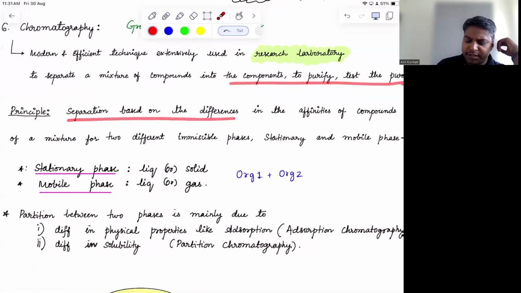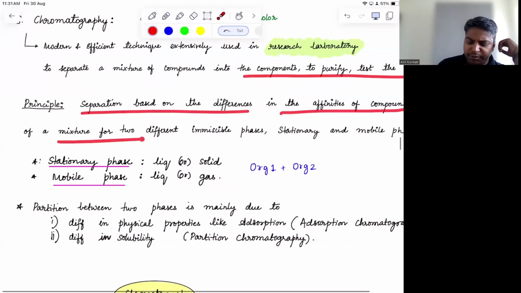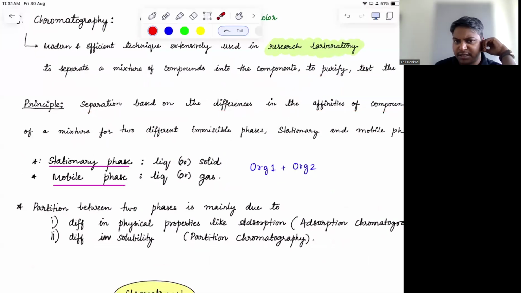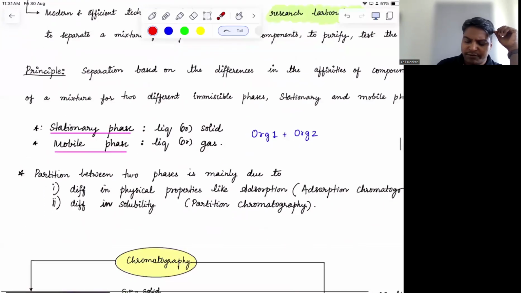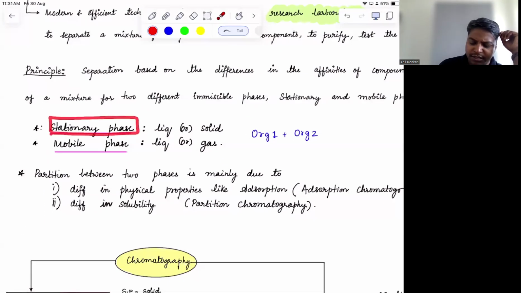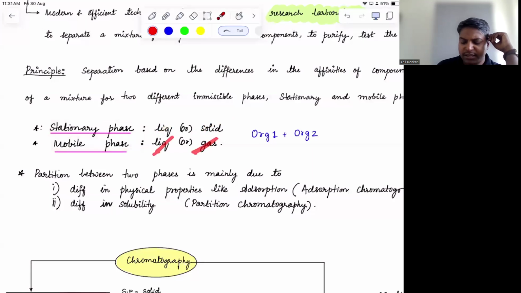Separation based on the differences in the affinity of the compounds of mixture to two different immiscible phases. So we divide here in terms of phases. One phase is called stationary phase, the other one is called mobile phase. In stationary phase, you will see only liquids and solids. In mobile phase, you will see liquids or gases.